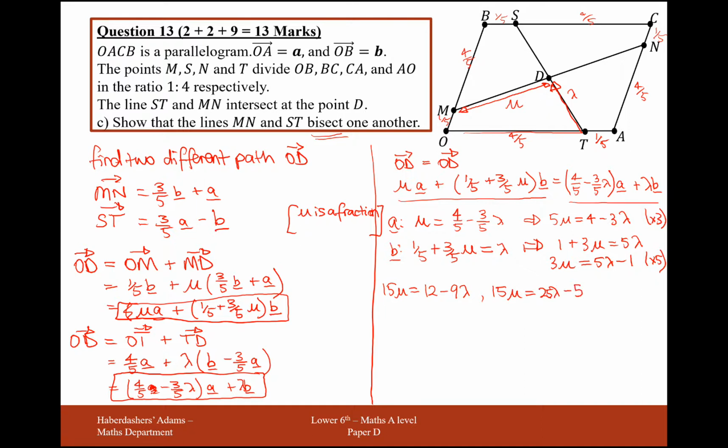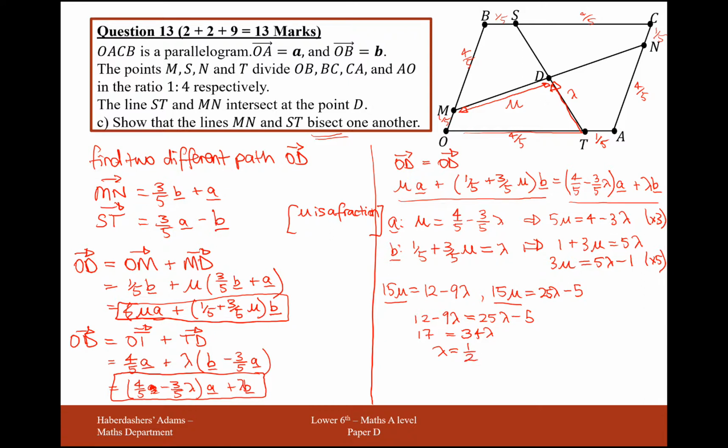So now that we've got two expressions here that both equal 15 mu, we can set them equal to each other. 12 minus 9 lambda equals 25 lambda minus 5. Add the lambda to the other side, you get 17. Add the 9 onto the other side, you get a 34 lambda. So divide through by 34 and you must get lambda equals a half.